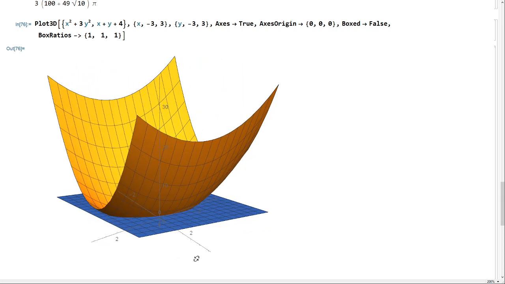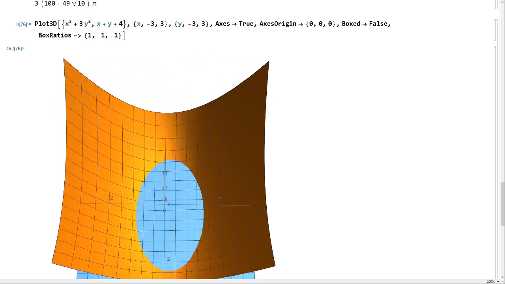Okay. So if we look at their intersection here, this oval, this ellipse, this is that curve C. Right? This intersection between the two.